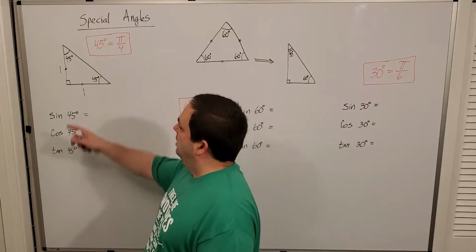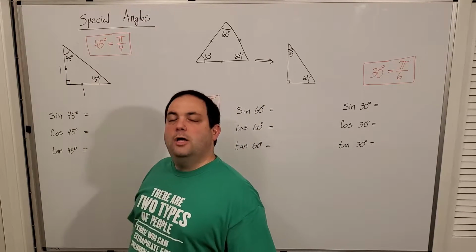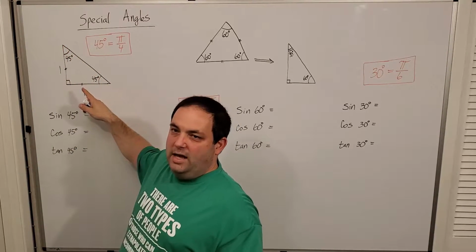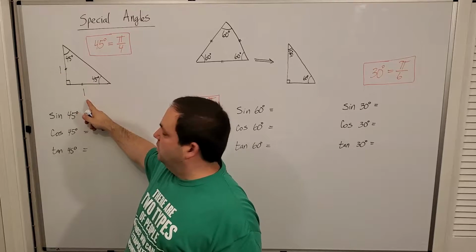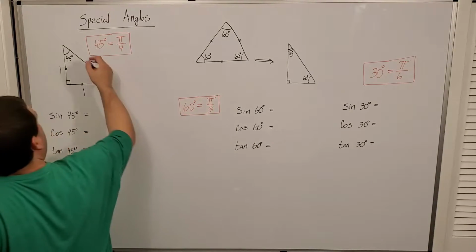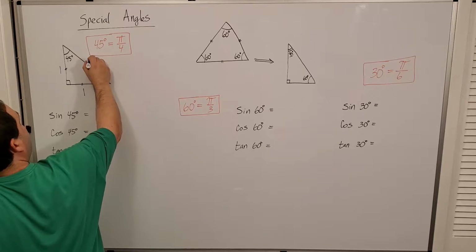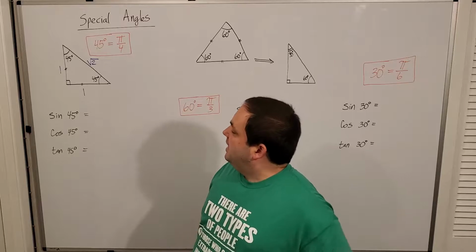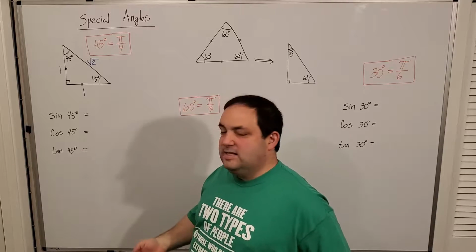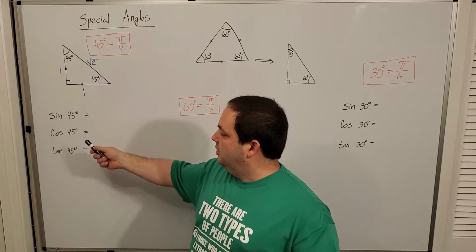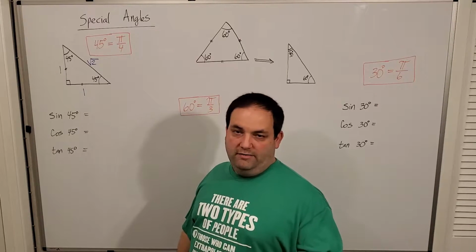So now, if I know those two are equal at 1, I can use the Pythagorean Theorem to find the other side there. 1 squared plus 1 squared is 2, and then I have to take the square root. So this side over here is going to be the square root of 2. Now that I have all of the sides set up, I can write down the ratios of the sine, cosine, and tangent of 45 degrees.